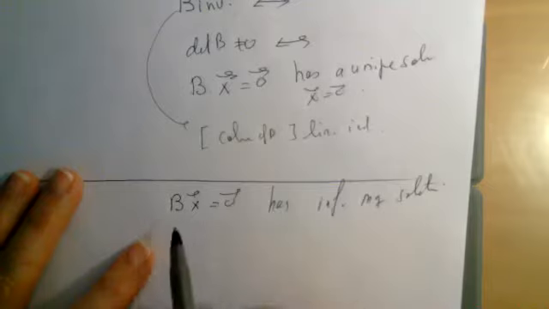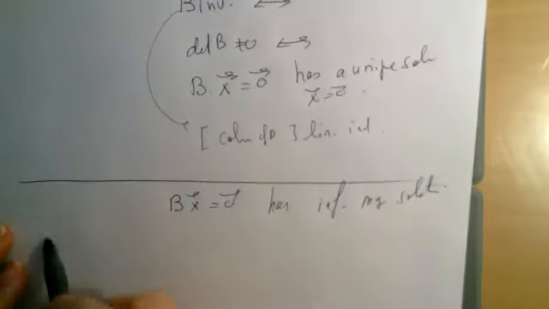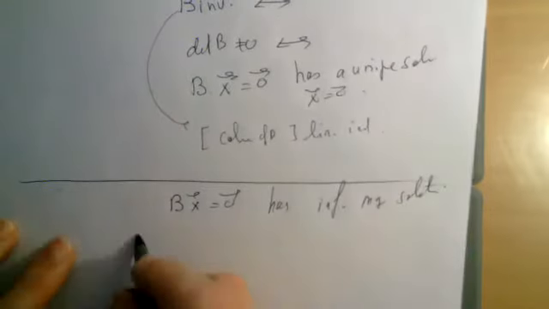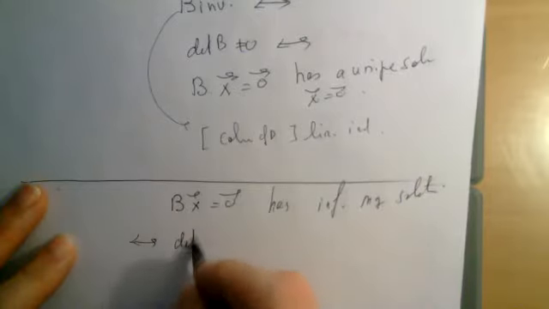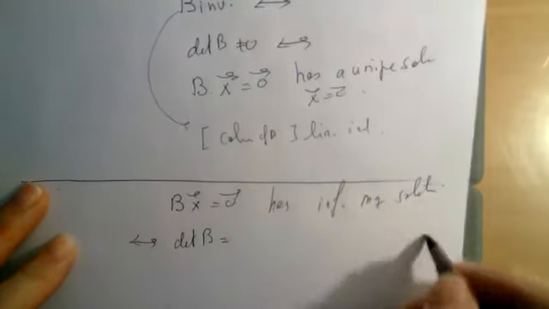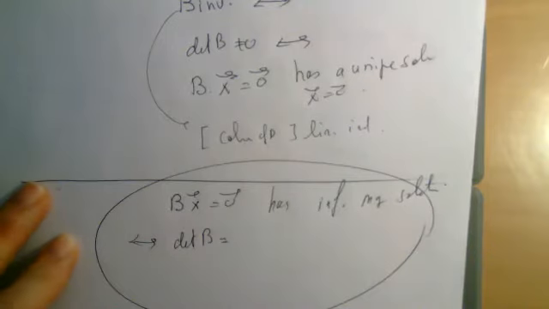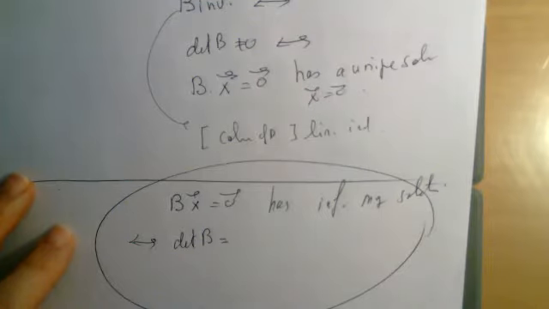You have a matrix, you solve the system, and you have infinitely many solutions. What can we say about the determinant of this matrix? I want answers on chat.